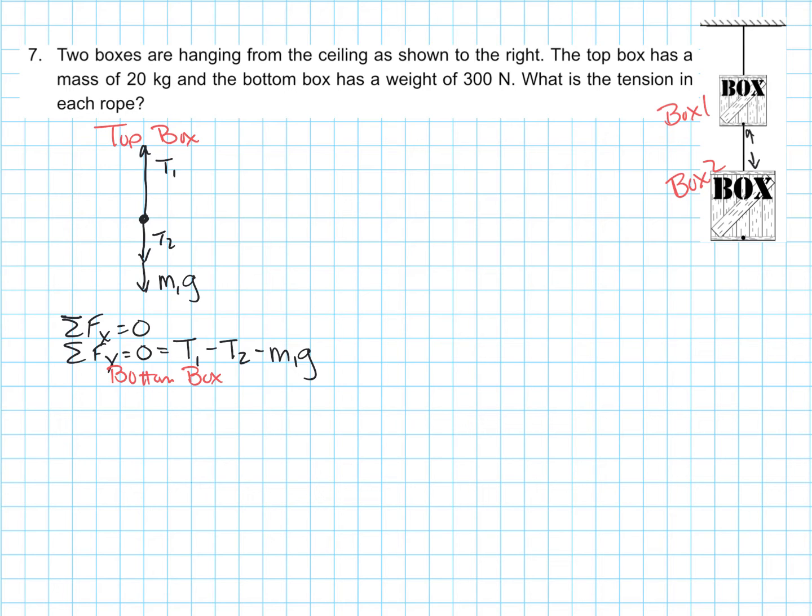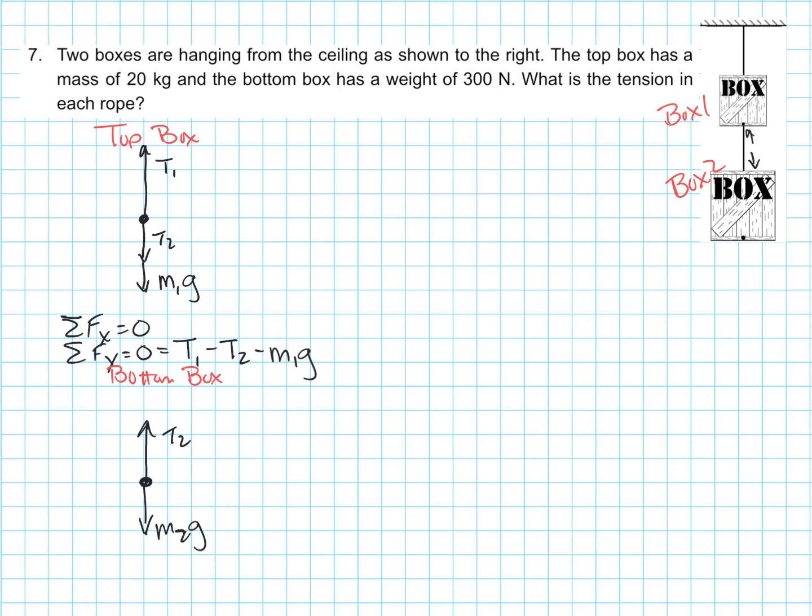So there's the free body diagram for the bottom box. Now the bottom box has tension going up. So there's my tension going up. I'll call that T2 because it's the same rope as the previous one up there. Since it connects the two, I want the same subscript. And going down, I'll have the mass of the bottom box, so that's going to be M2G.